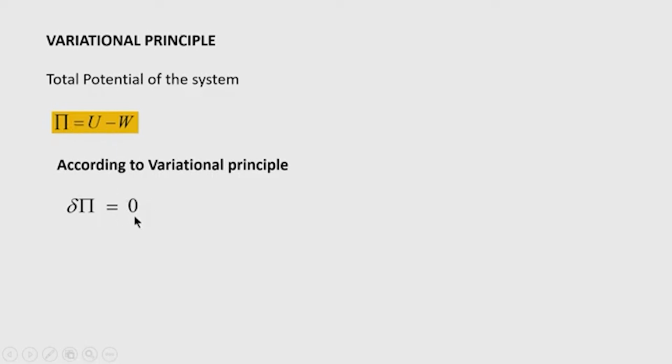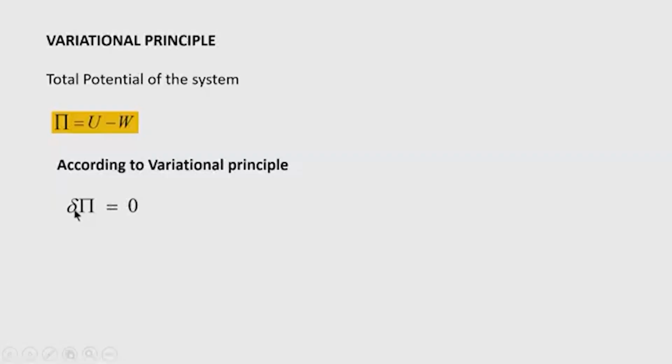This is possible because of minimum potential energy at the stable equilibrium configuration. So, if we write del pi equal to 0, that means pi involves your strain energy and work done, which also involves the deflection expression.